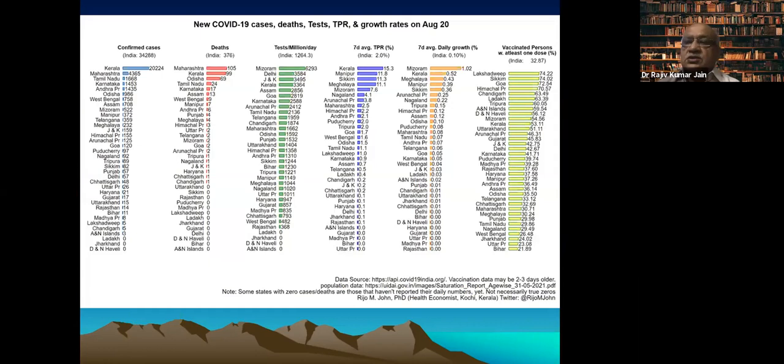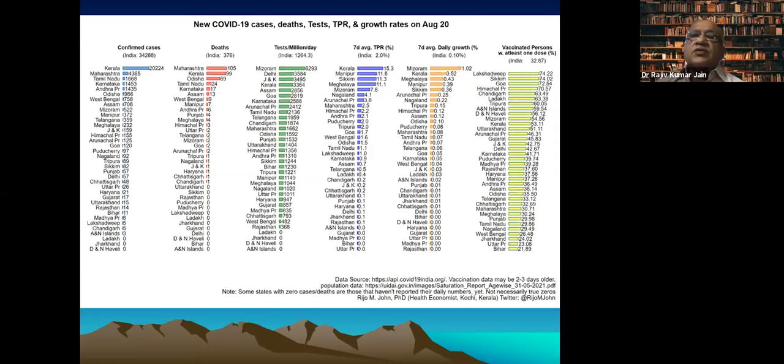Next slide, please. This is the current situation of states in India in terms of confirmed cases, in terms of deaths, in terms of tests per million per day, 7-day average test positivity rate, 7-day average daily growth, and vaccination persons with at least 1 dose in percentage.